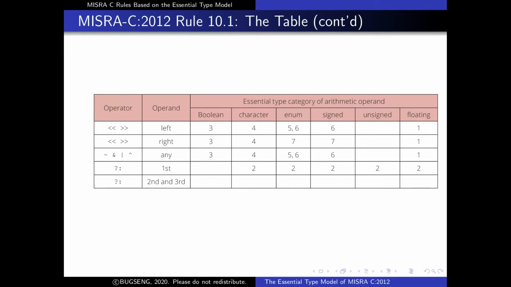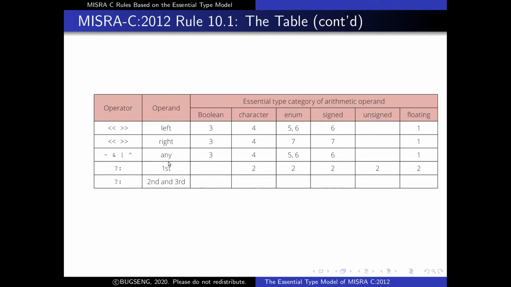I will go through the main reasons why these are forbidden in a second. Similarly, here we have the shift operators. On the left-hand side you cannot have a Boolean, a character, an enumeration, or a signed. I said that you cannot have a float.